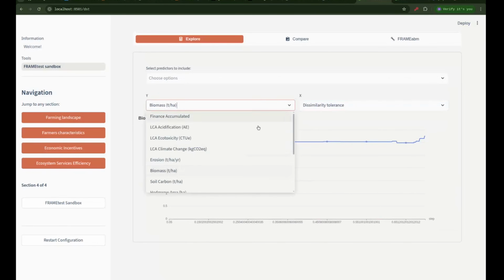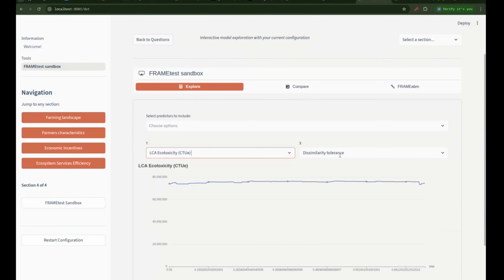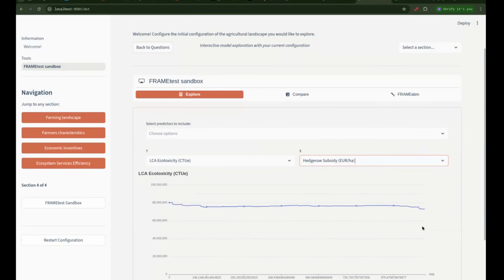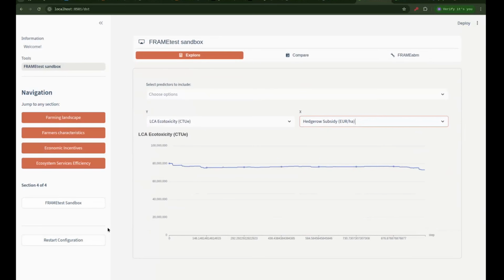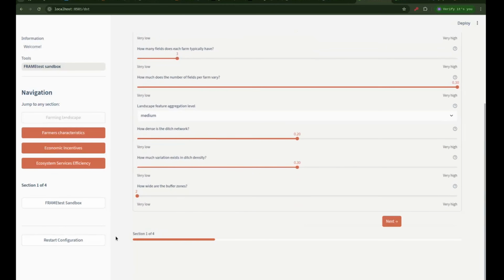We could do the same for life cycle impact metrics. So we can vary the similarity and also subsidies, and see how this changes. It's important to understand that this depends on the initial conditions we established, because if I reset, oops, okay, my bad.